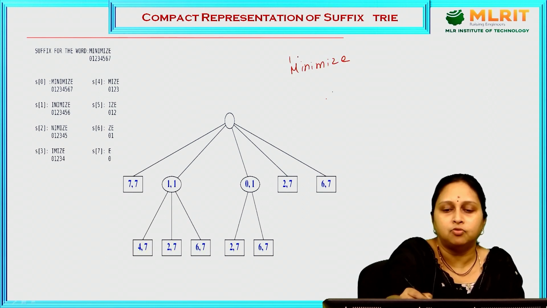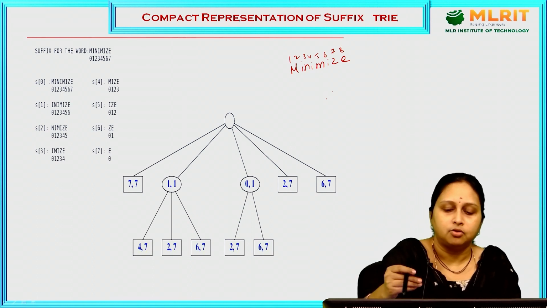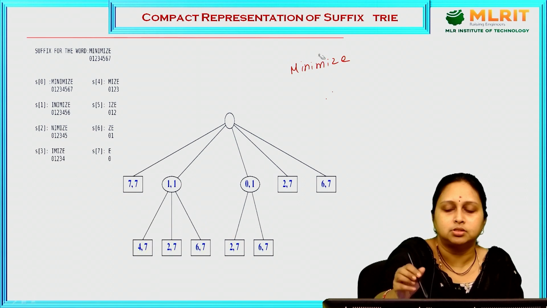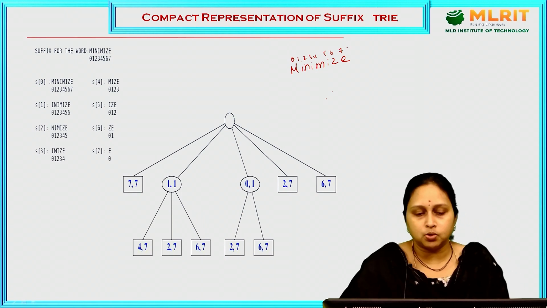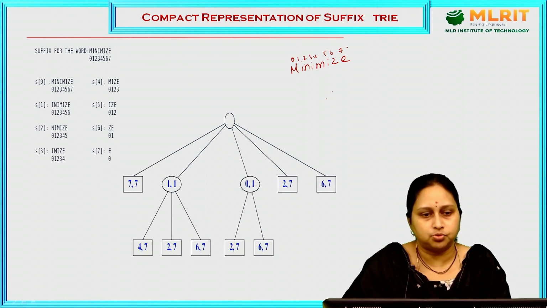And give the numbering for it, from 0 onwards, so that you are going to get up to 7: 0, 1, 2, 3, 4, 5, 6, 7. Based on this compressed tree, we need to represent this suffix trie. That is the compact representation we need to represent.